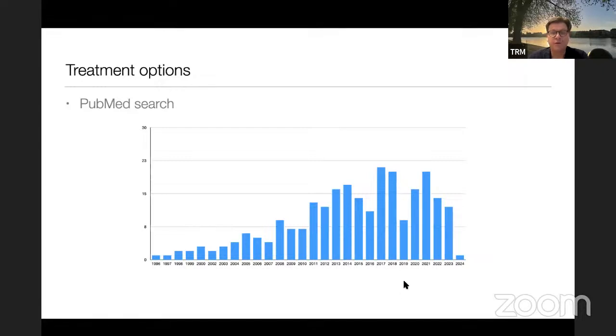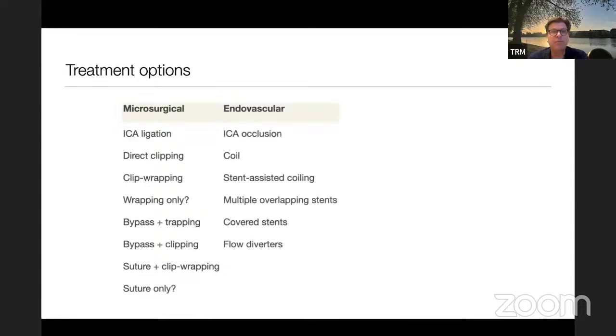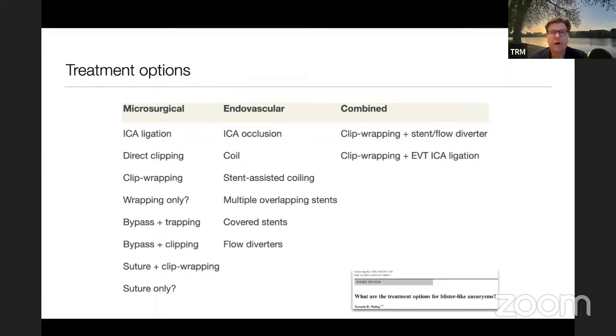This is the PubMed search with the search terms that you saw. So there is perhaps an increasing, or was at least increasing, interest in these aneurysms. In terms of treatment: microsurgical, endovascular, or combined. And every time we see a long list like this, we know that there is no simple solution.